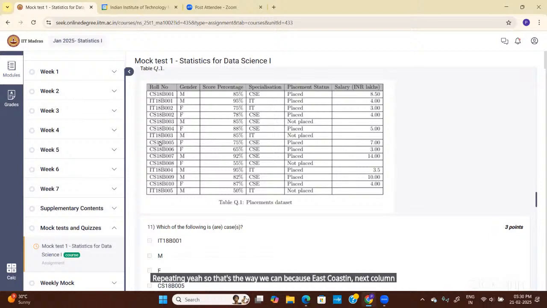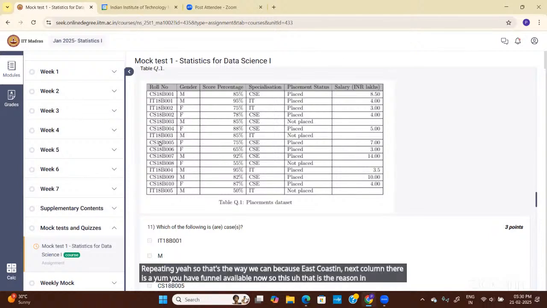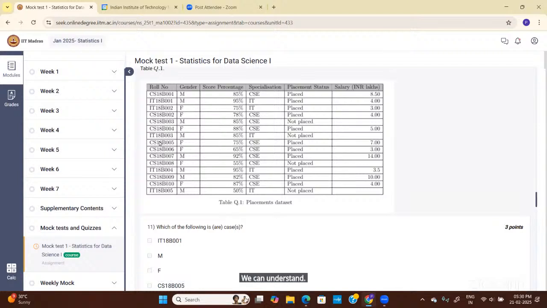In the next column there are M and F values available, so that is the reason he is asking whether the entire row is a case. Here the repetition is there. You can understand it in this way also: if there is a repetition, it's not a case. A column is a variable.